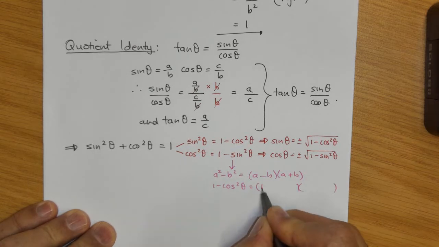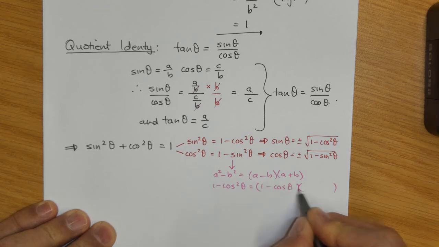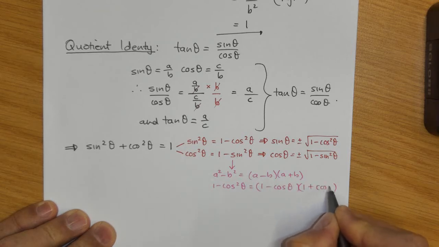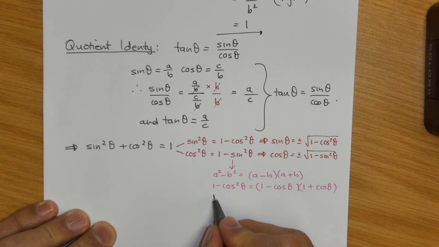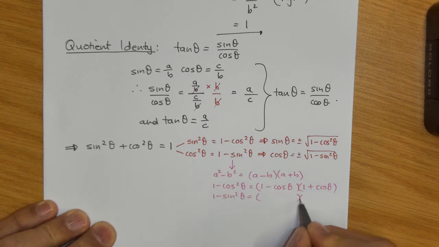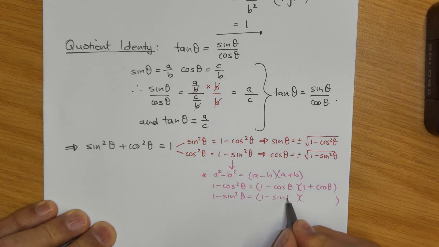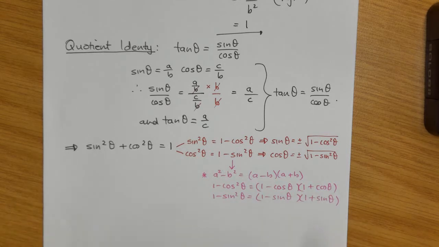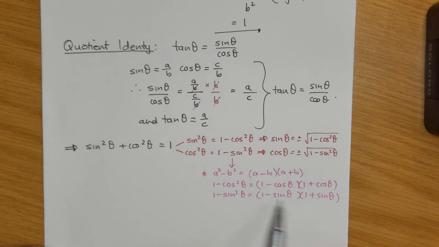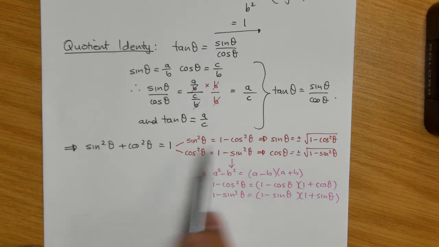It decomposes as (1 minus cos theta)(1 plus cos theta). And the same for sine. 1 minus sine squared theta decomposes into the two factors via this rule as (1 minus the sine of theta) and (1 plus the sine of theta). So all of these things are different forms of exactly the same thing, folks.